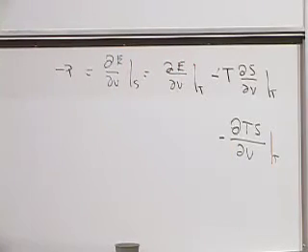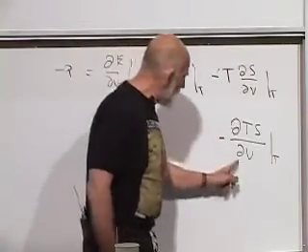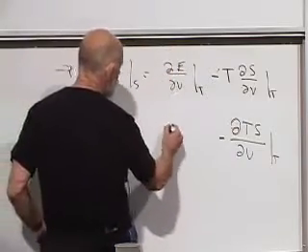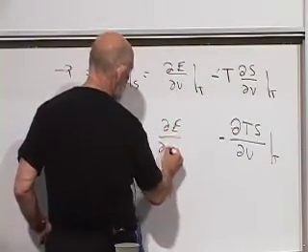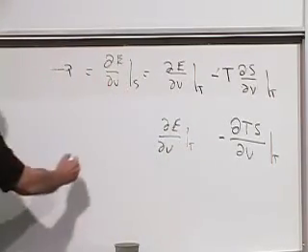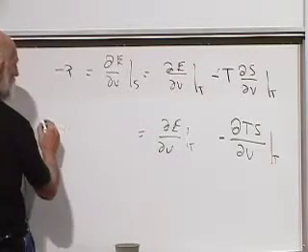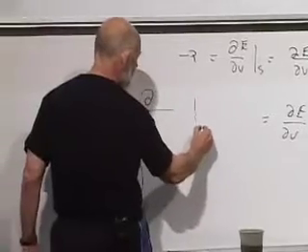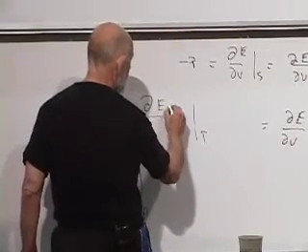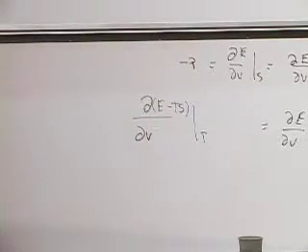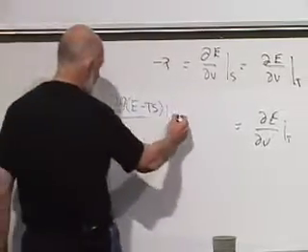So I can pull a T inside the derivative, and this is just the derivative of TS with respect to volume at fixed temperature, and this is the derivative of energy with respect to volume at fixed temperature. The result is that this is equal to the derivative with respect to the volume at fixed temperature of E minus TS, and that's minus the pressure.